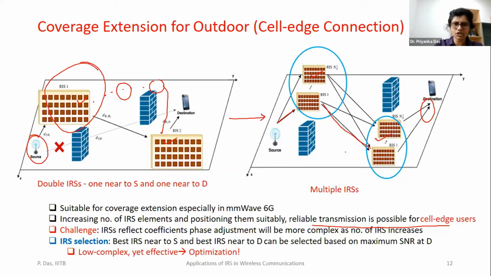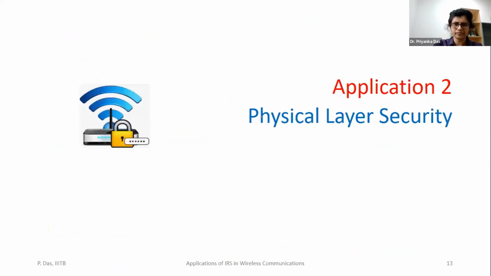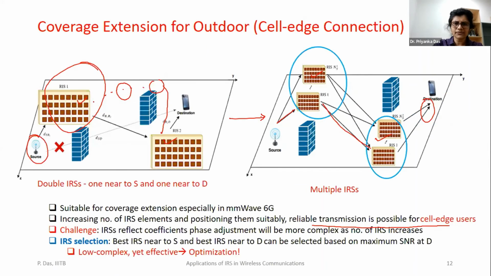But the message is, yes, it is possible for outdoor coverage extension and also for cell-edge connectivity. Can the people at the cell edge be covered by the base stations via multiple IRS? So this is one direction people thought of: coverage extension, the first step.